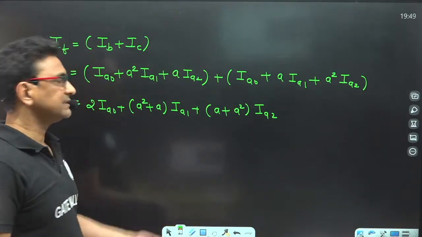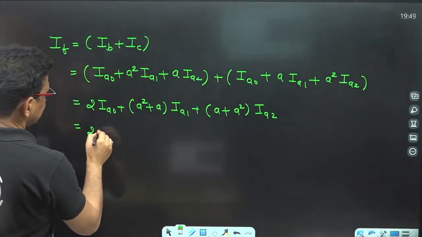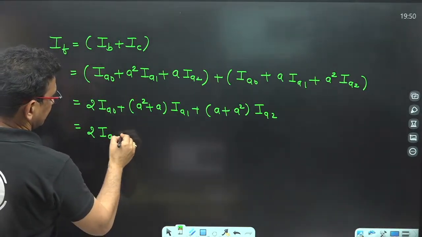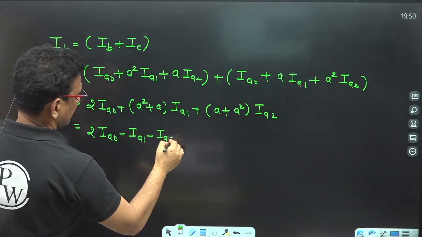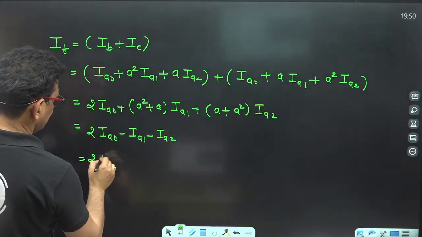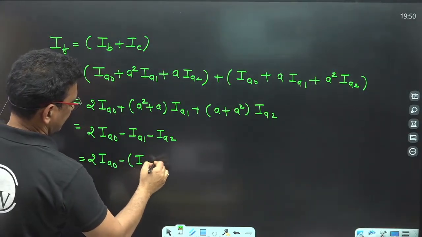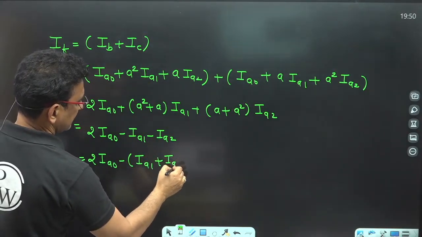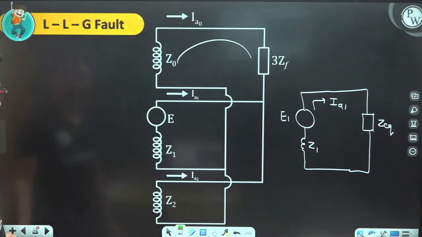Now A plus A square is nothing but minus 1. So 2IA0 minus IA1 minus IA2. That is 2IA0 minus (IA1 plus IA2). And I told you IA1 plus IA2, what was that?